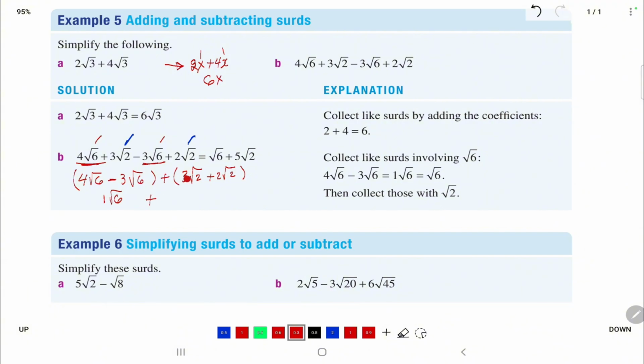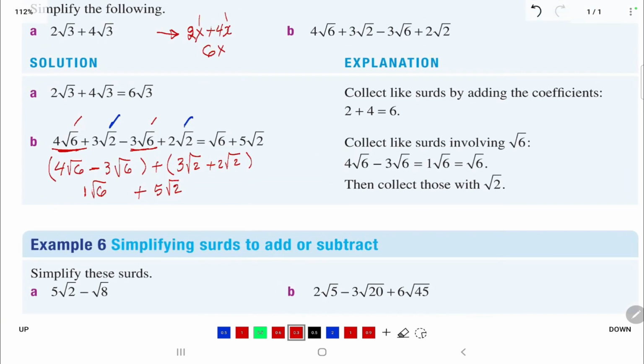And here it will be 3 plus 2, which is 5 square root of 2. This 1 is usually omitted because it does not change anything. So we can write it as square root of 6 plus 5 square root of 2. You see, this is the final result. So it has been done this way.